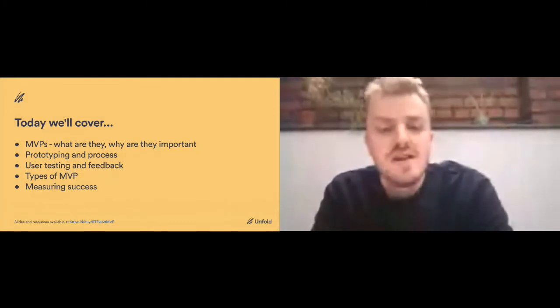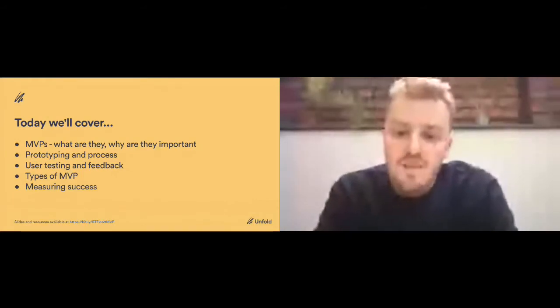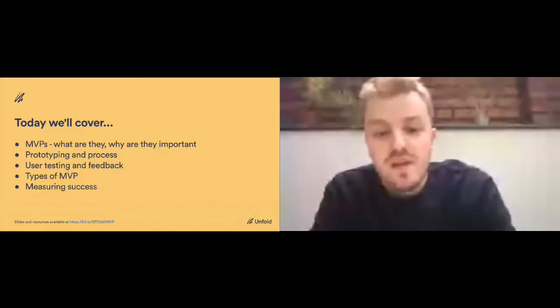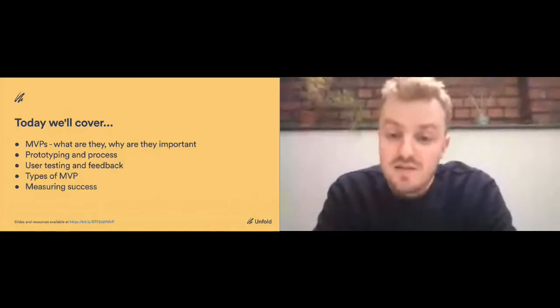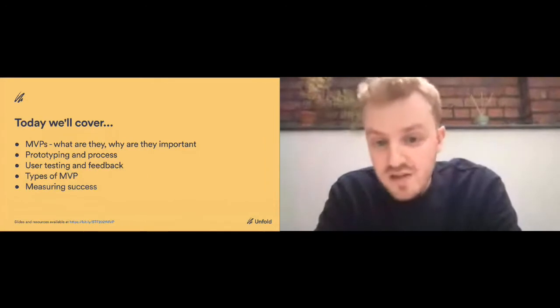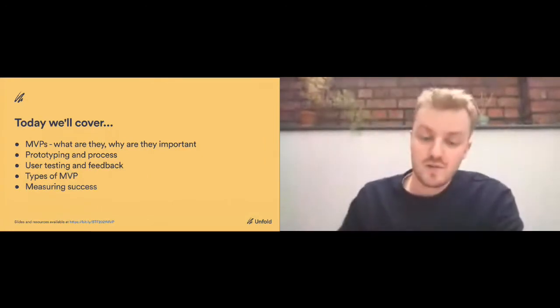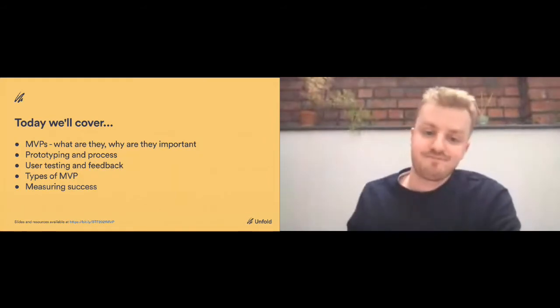Types of MVP, thinking about how we can be creative with going to market with an MVP and the different ways we can do that. And then, of course, measuring success, working out how effective what we've done in practice actually is. So that's the plan. And then we'll have some questions at the end if anyone has any. Perfect.